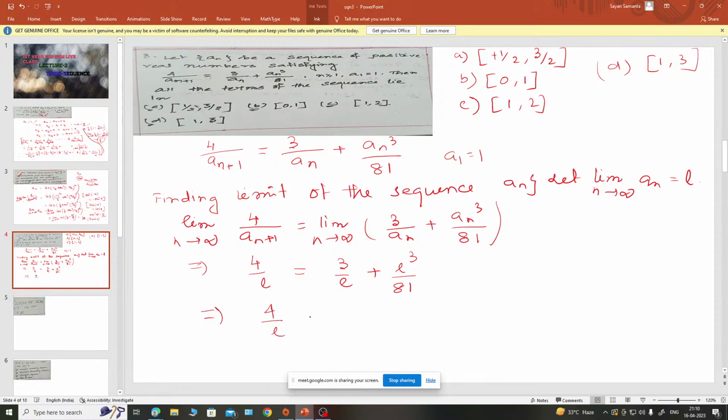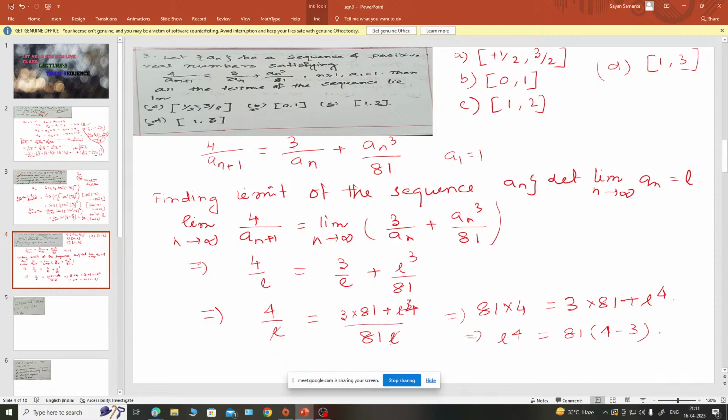So here 4 by L equals 3 by L plus L cube by 81. Multiplying by 81 L, we get 81 into 4 equals 3 into 81 plus L to the power 4. That implies L to the power 4 equals 81 into 4 minus 3, that is 81.